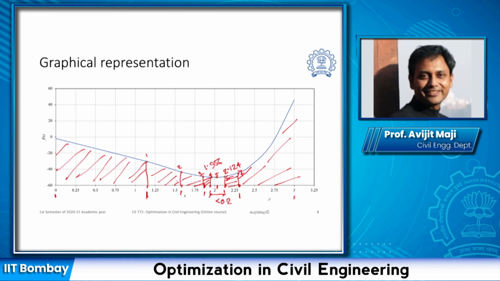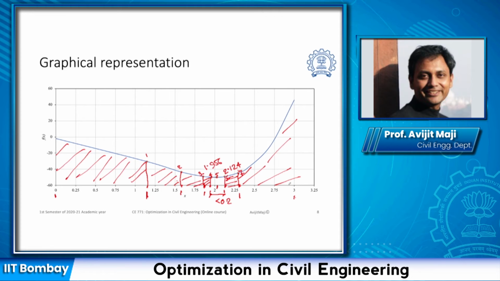Now, if you look into the area which is being eliminated in each iteration, you will see that in each iteration we are eliminating about 38% of the area. Now, this region is similar to the Fibonacci search method.